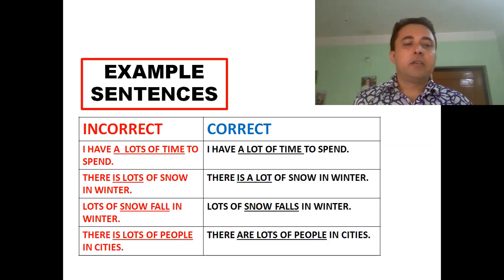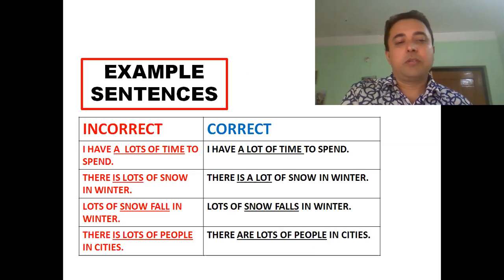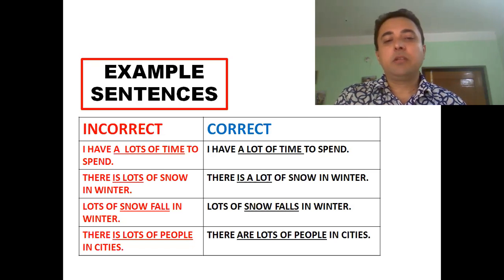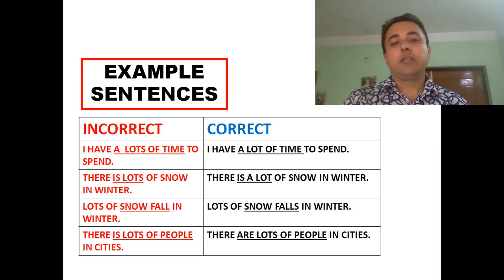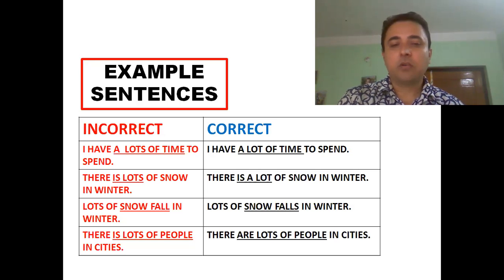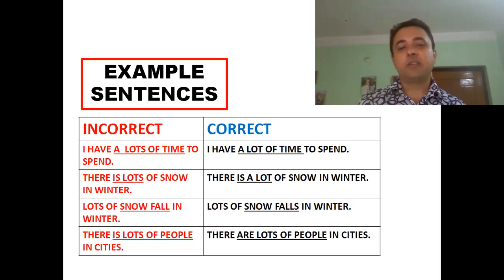Okay. There is lots of snow in winter. As I said, snow is uncountable, so it will be there is a lot of snow. Or more importantly again, lots of snow. You can begin a sentence like lots of snow is there in winter.